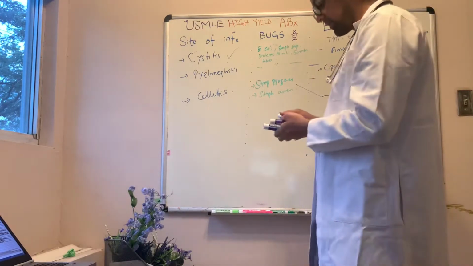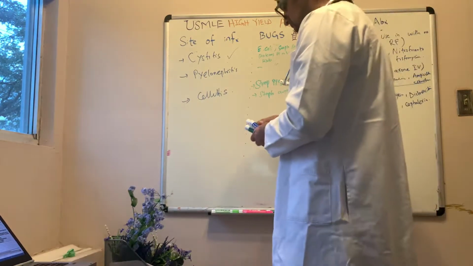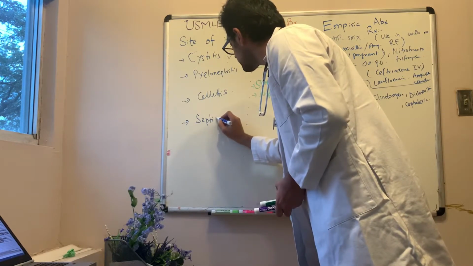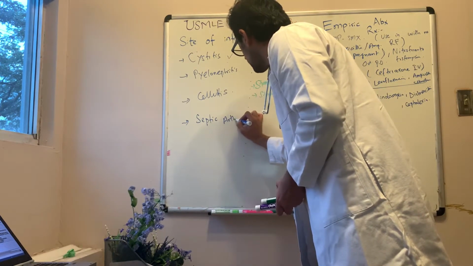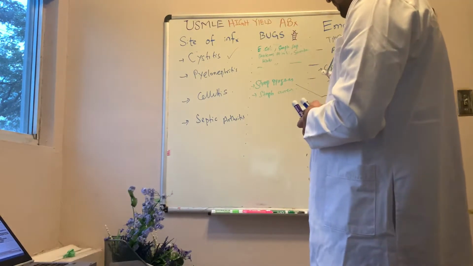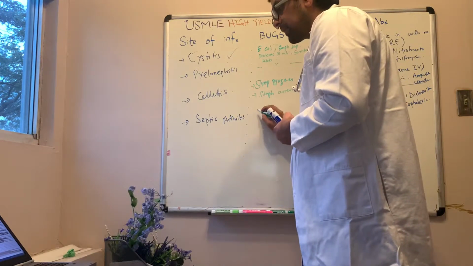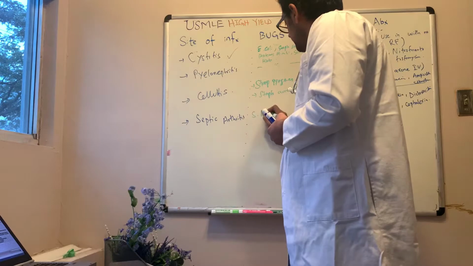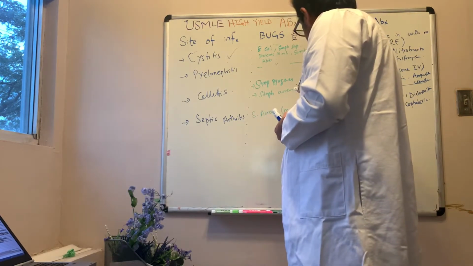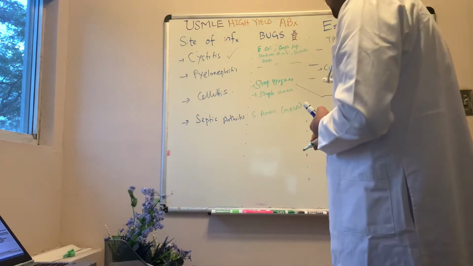So next we'll go to septic arthritis. What are the bugs? MRSA, so Staph aureus, MRSA, and Strep pyogenes.